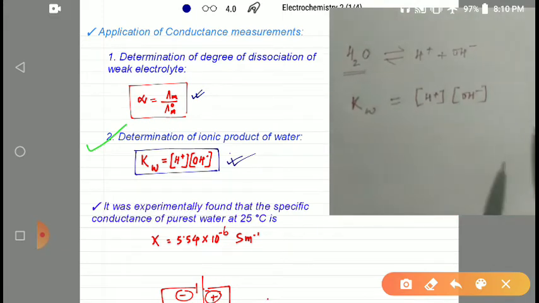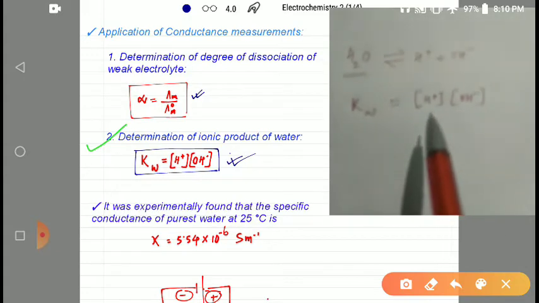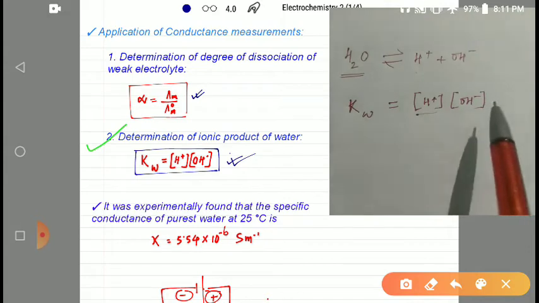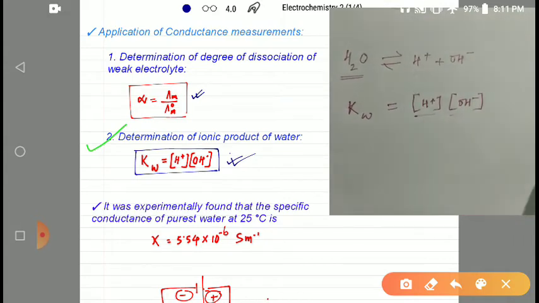So how are we going to calculate? We cannot directly calculate the concentration of H positive and concentration of OH negative from conductance measurements, but indirectly we can calculate this.